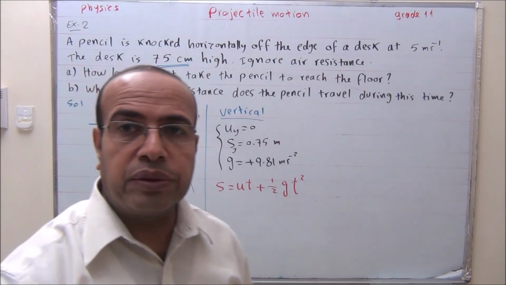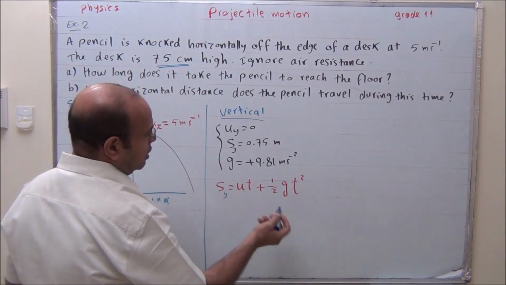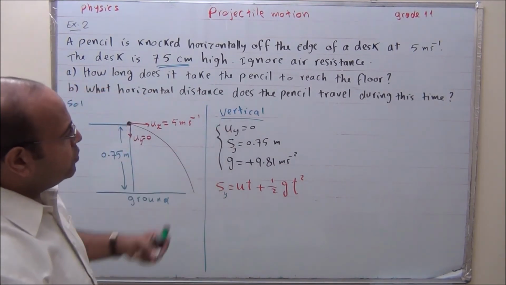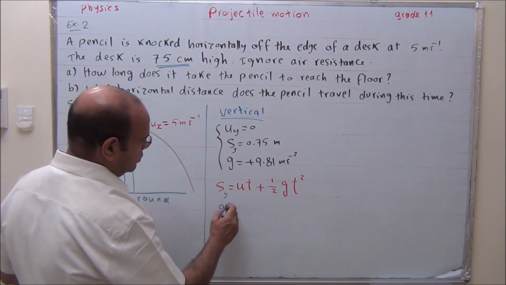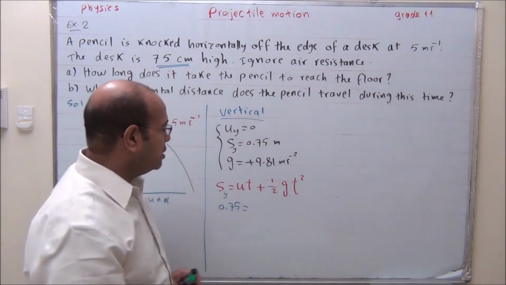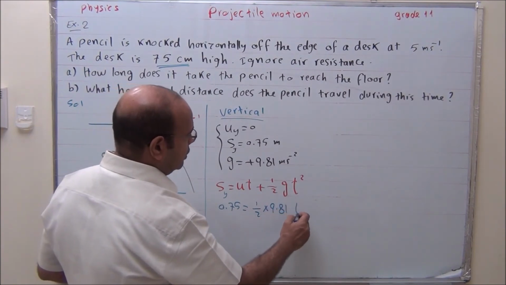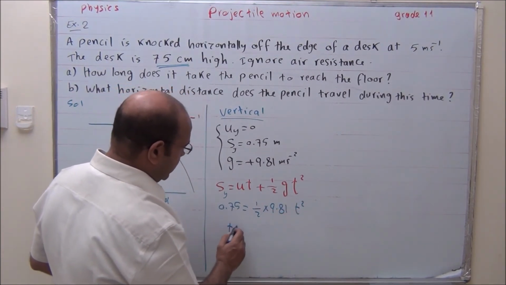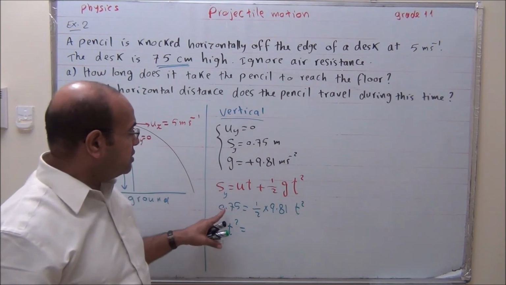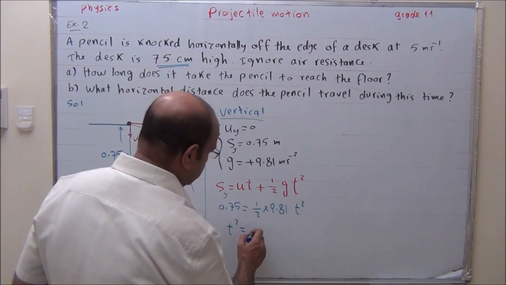Because we talk about vertical motion, we say this is sy only. Now, sy is 0.75. U equals 0, so this part cancels. Half multiplied by 9.81 t squared. From this we can get t squared: divide 0.75 by half times 9.81.